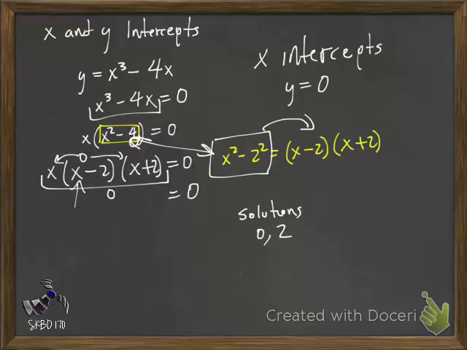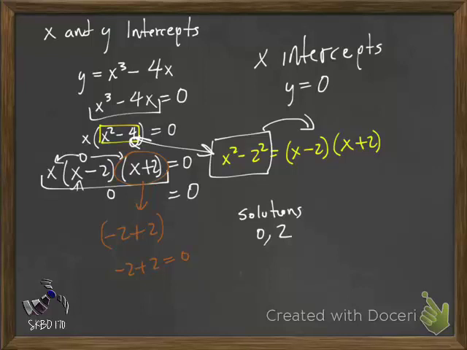Okay, and let's look for another number. Let's focus our attention on this side. What number in this parenthesis will turn the x plus 2 into 0? That will be the opposite: minus 2 plus 2 will be 0.